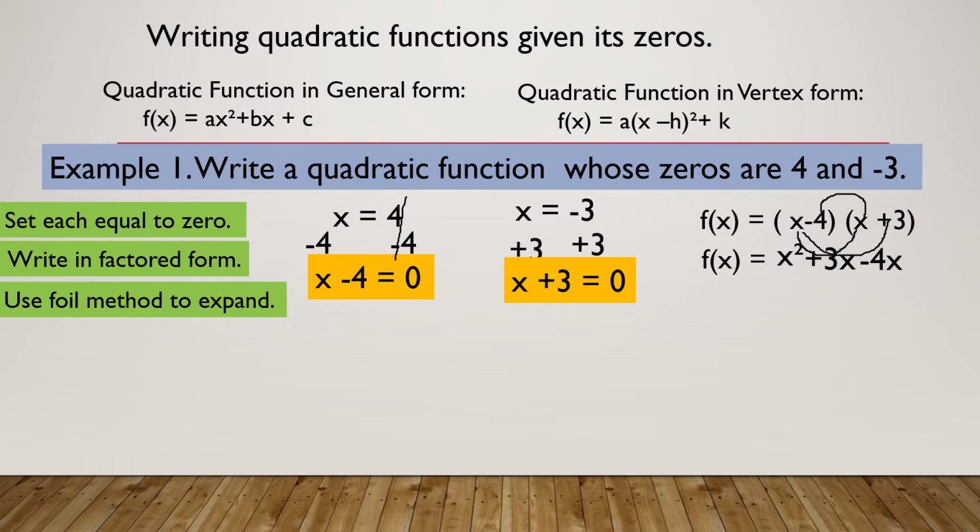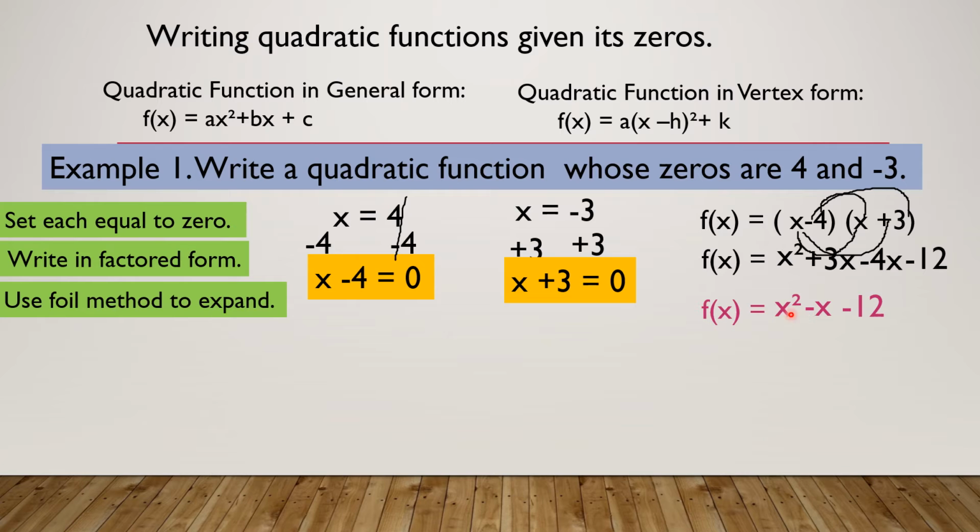Then negative 4 times 3 is negative 12. Next, we simply combine similar terms, 3x and negative 4x. We copy the x squared; 3x minus 4x is negative x; and copy negative 12. So this is now the general form of the quadratic function.